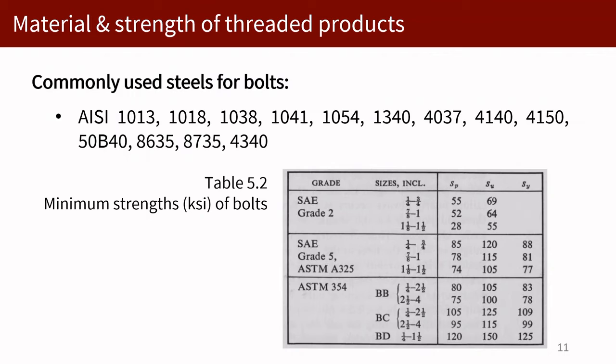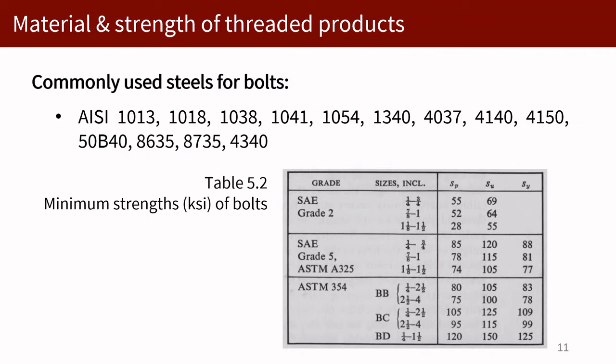Okay, so in bolt design there is what is called the proof load or the proof stress. So this proof load is typically defined as the load agreed upon by the purchaser and vendor as the capacity.